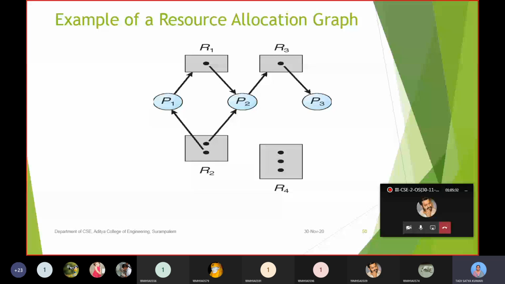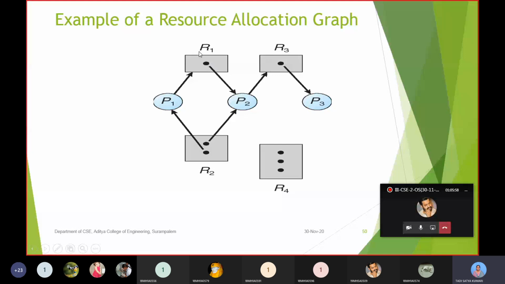This slide shows an example of a resource allocation graph. Here we have a set of processes, represented with circles: P1, P2 and P3. And we have a set of four resources, R1, R2, R3 and R4.